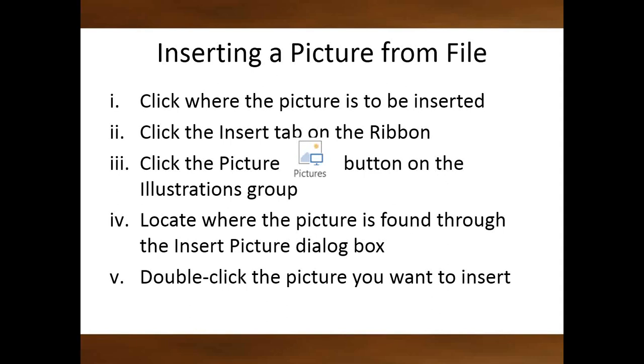Click the Picture button on the illustration group. 4. Locate where the picture is found through the Insert Picture dialog box. And 5. Double-click the picture you want to insert. Let us demonstrate this.